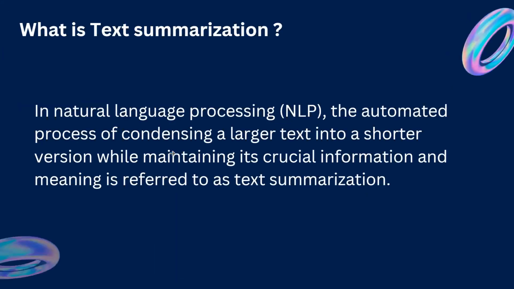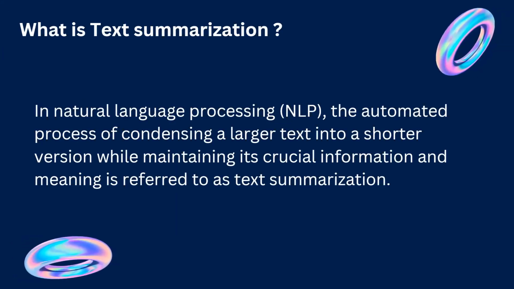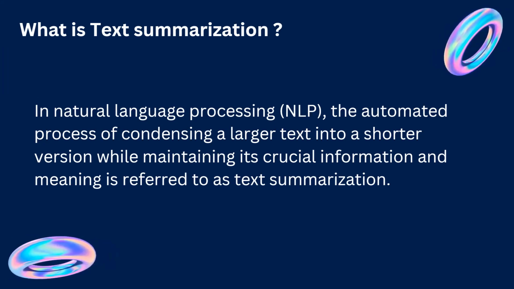So what is text summarization? Text summarization is the process of condensing lengthy articles into concise words or paragraphs. The process preserves the meaning of the paragraph while also extracting pertinent information.